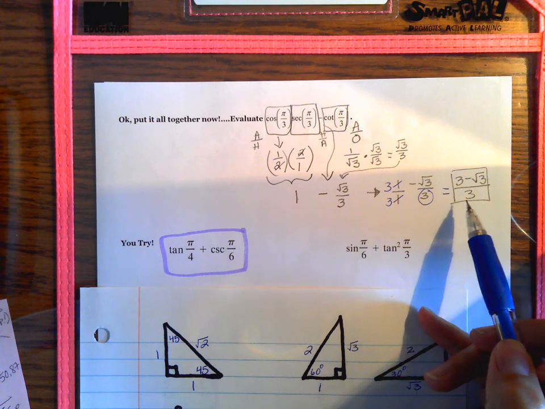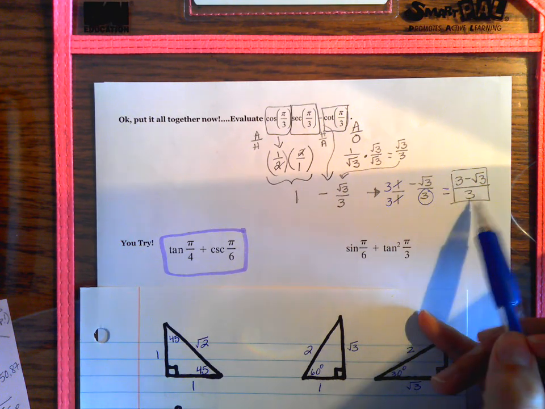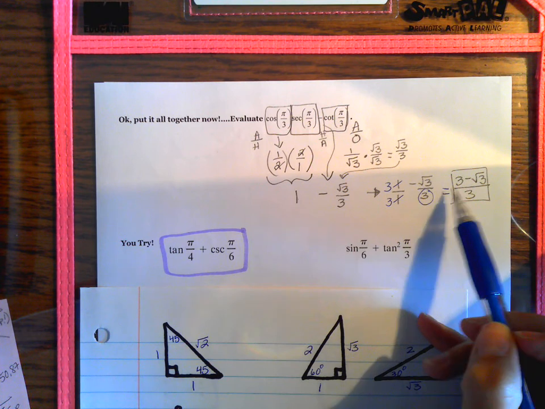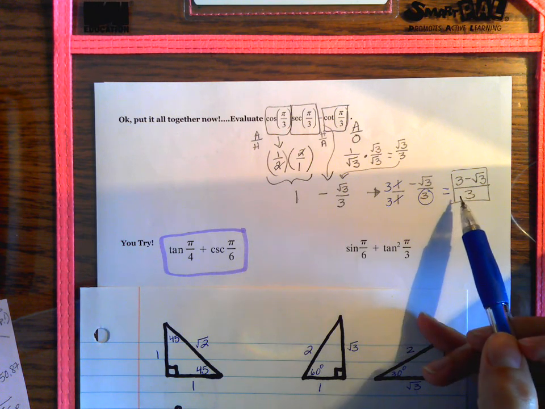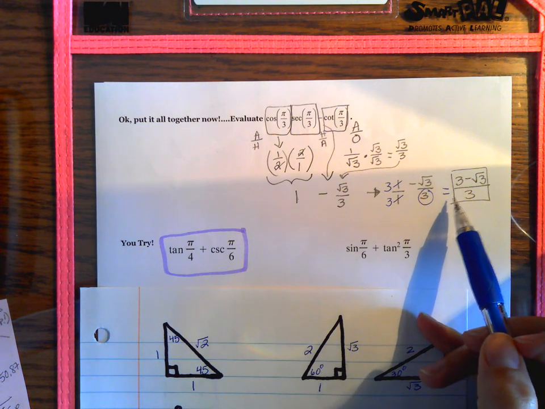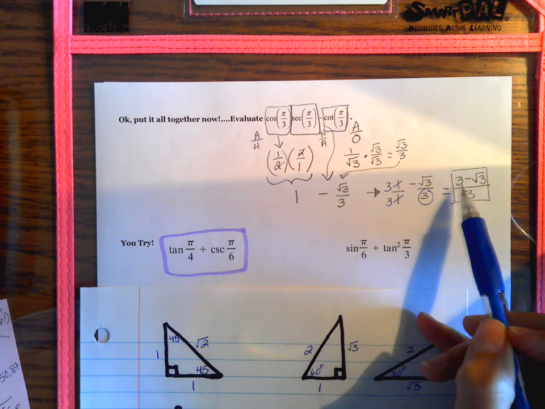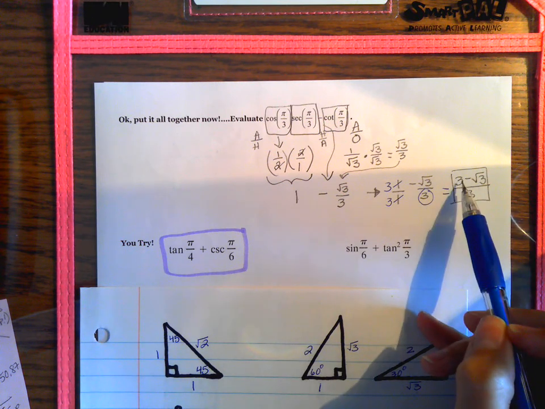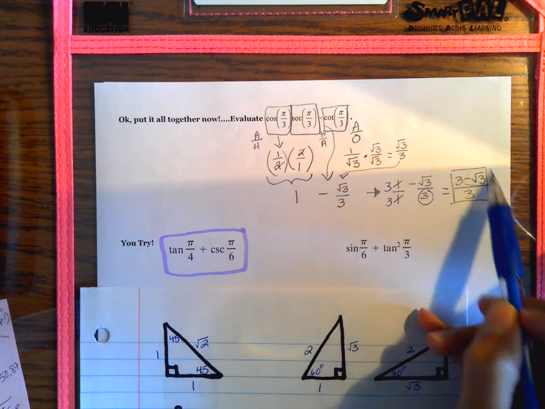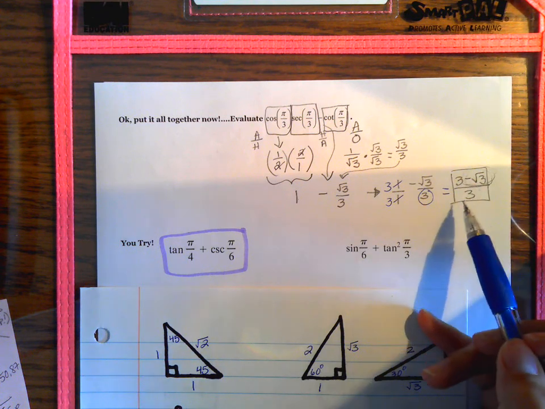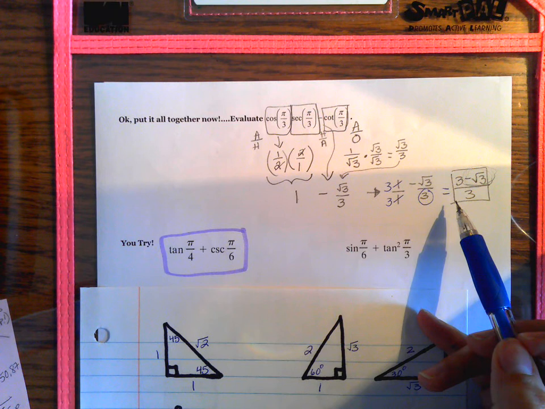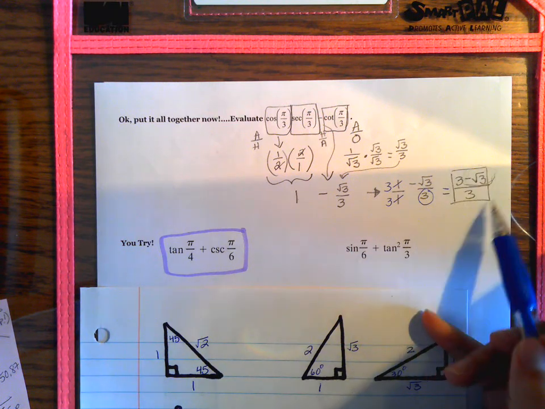Please do not get crazy here and say, oh, now I get to cancel these out. I do not get to cancel out the 3's because that defeats the entire purpose of getting a common denominator. We cannot cancel the 3's because this 3 now has baggage attached to it, this minus radical 3. I have to leave it like this.